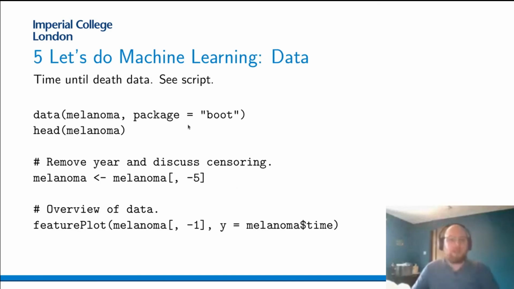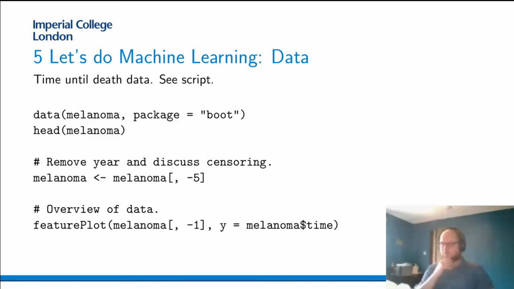We're going to be using a data set called melanoma from the package boot. From this point, if you could go to your scripts and start following through, you can load the data and have a look at the data. You'll see there's one column called time, which is what we'll be using as our response variable.